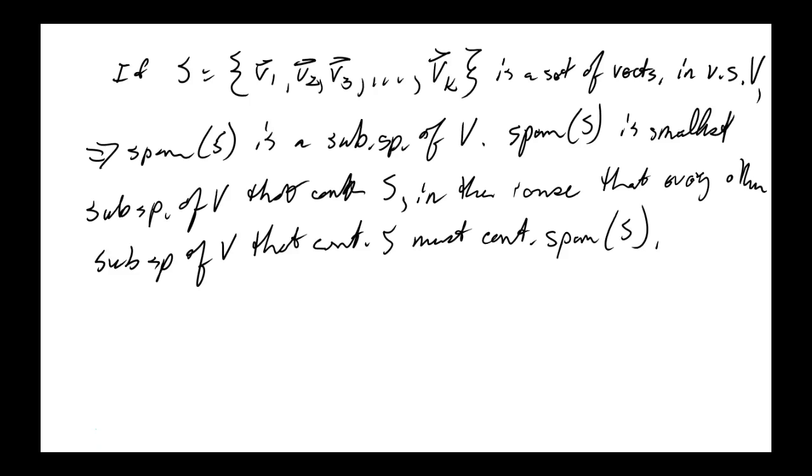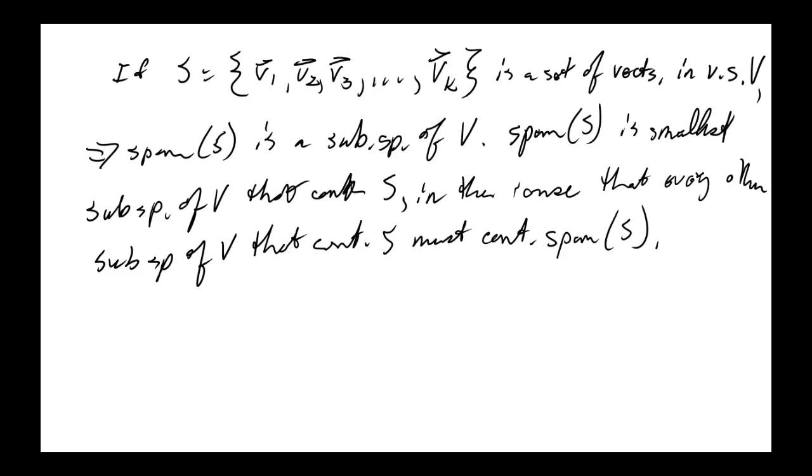Okay, the span of S is the smallest subset. That means the minimum number of these vectors that will comprise all of this subspace, that's the span of S. You could have other vectors thrown in there, but some of them are going to reduce to zero. What you have left is the smallest.